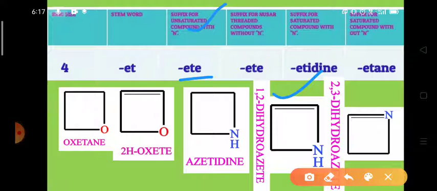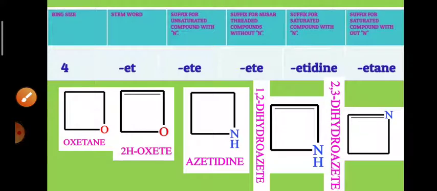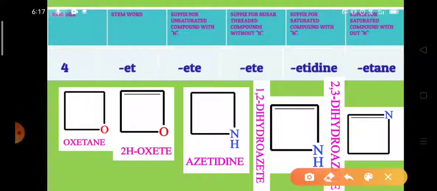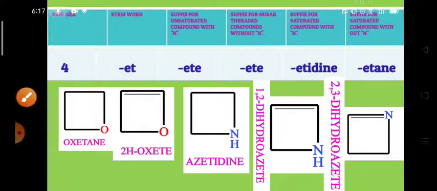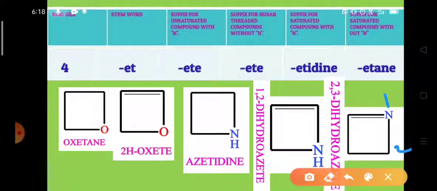So the name becomes 2H-azete. So 1,2-dihydroazete. Now 1, 2, 3, and it becomes 2,3-dihydroazete.